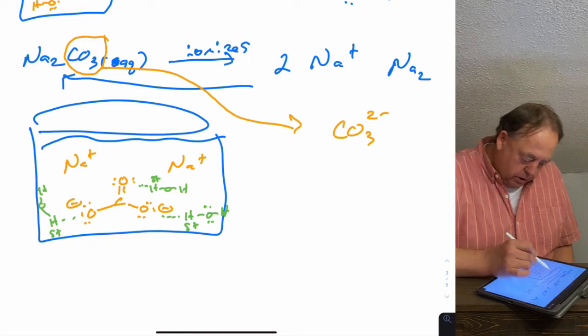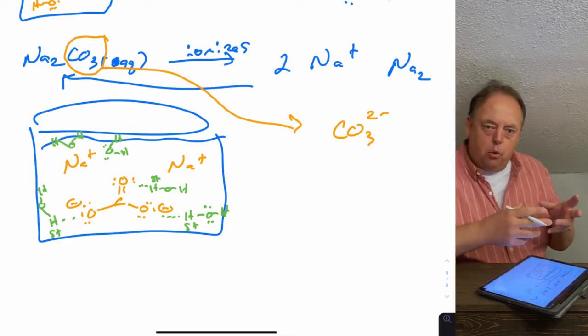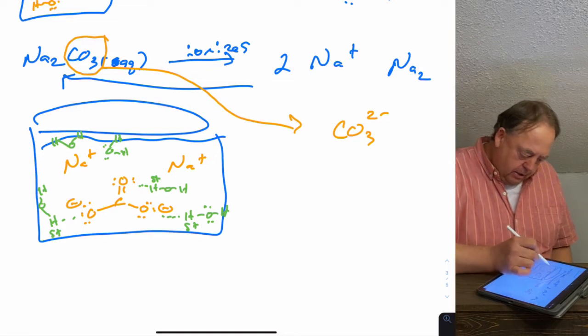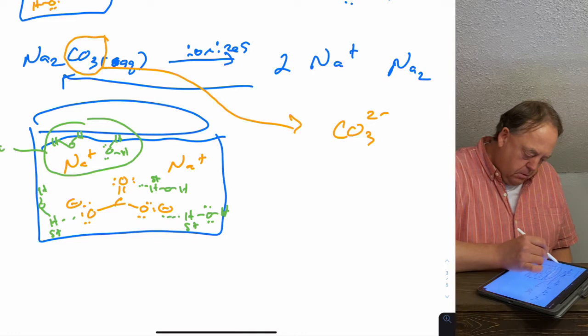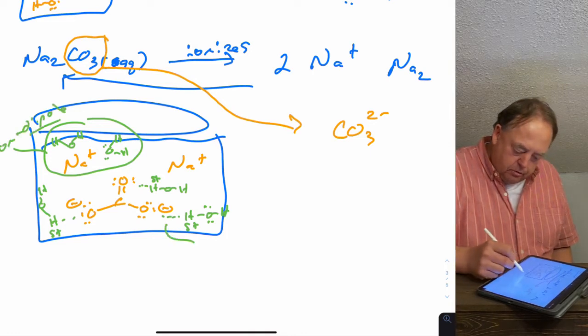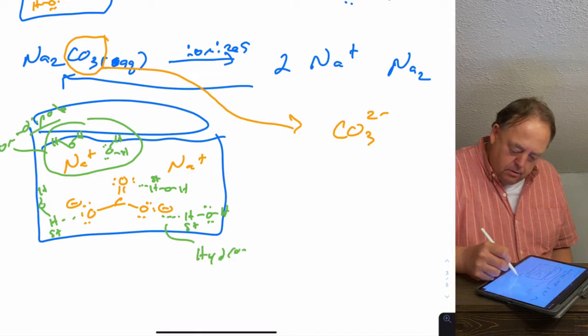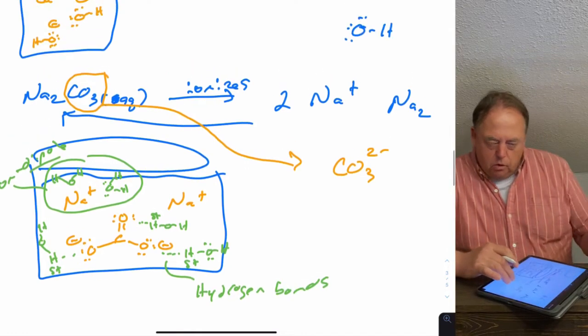And then all the sodiums, well, water molecules would surround all of the cations with the oxygens pointing towards the cation to make what's called ion dipole attractions, and these would be hydrogen bonds. So at the molecular level, that's what sodium carbonate looks like in water.